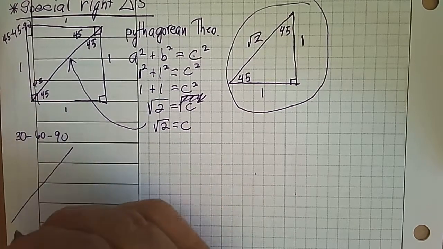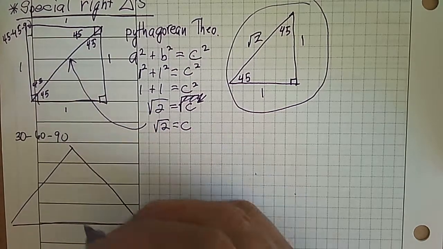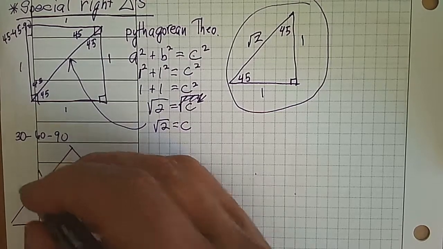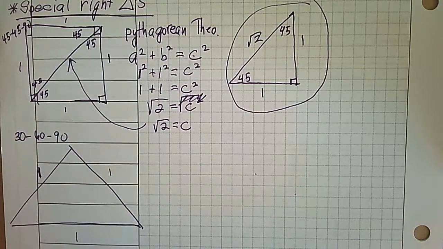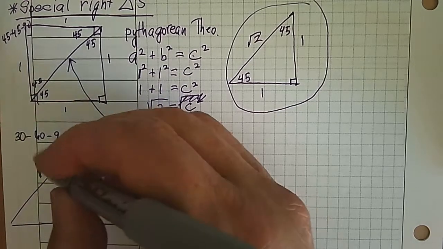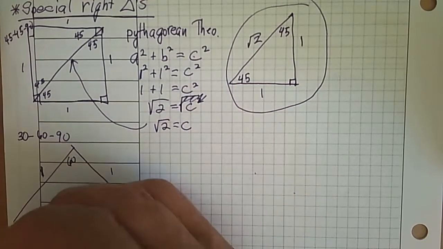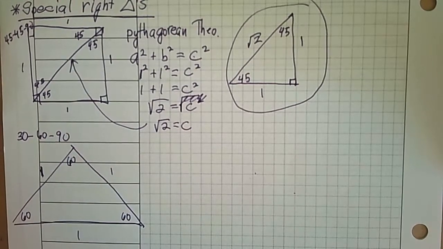We use an equilateral triangle. That means that all the sides have the same measurement. Let's say 1, 1, 1. If all the sides are congruent, then the angles will also be congruent. They'll be equal to each other. So each one of them will be 60, 60, 60. 60 plus 60 plus 60 will give you 180.